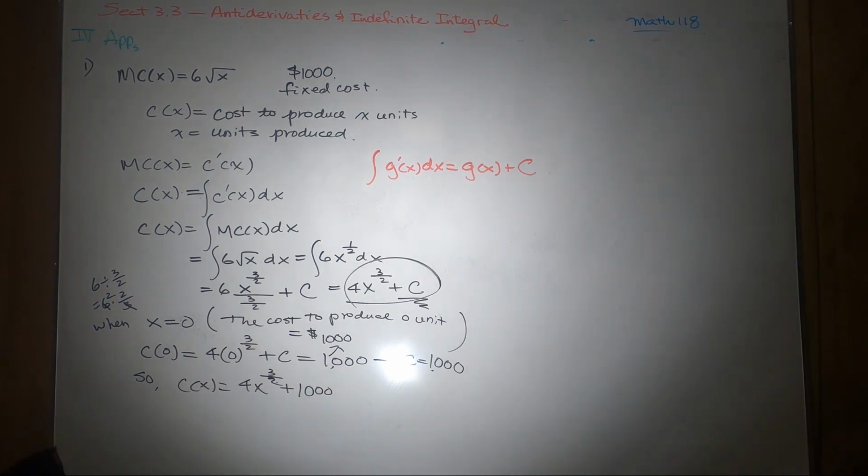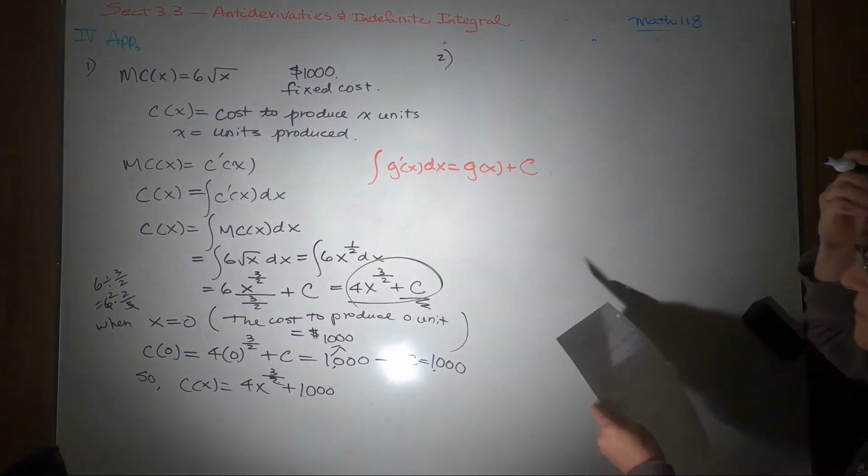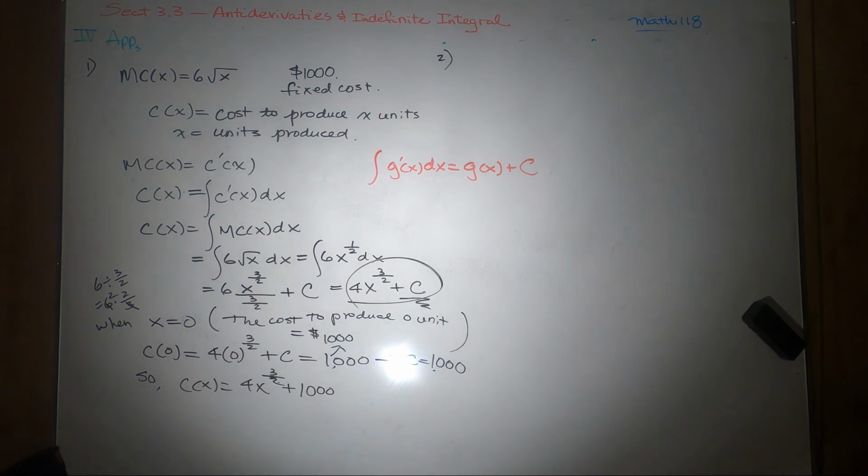So let's look at another kind of situation. Next one: recovering a quantity from its rate of change. It says the gross domestic product, GDP. We use GDP a lot, right?